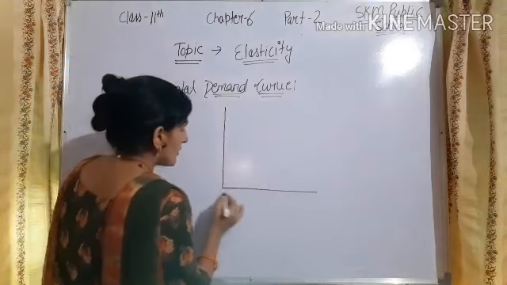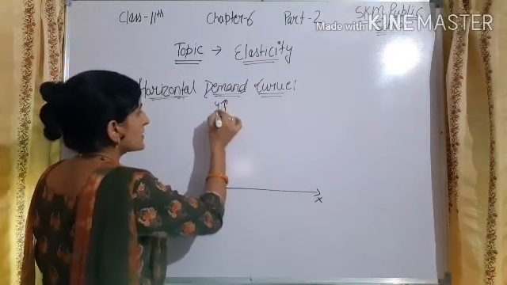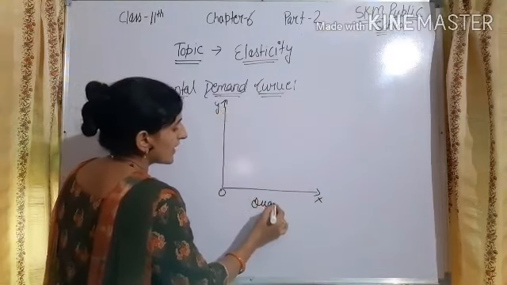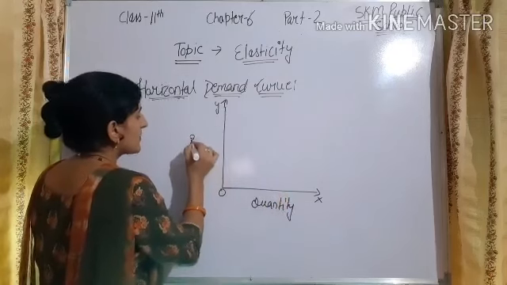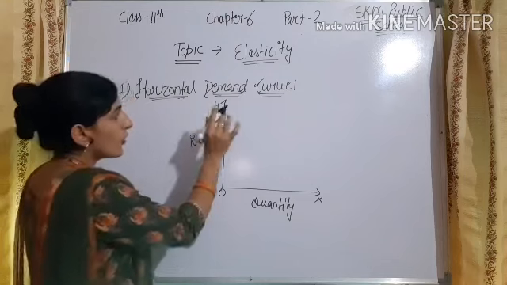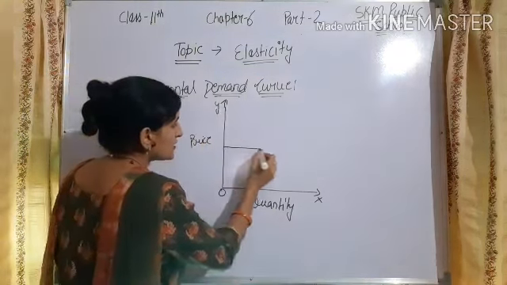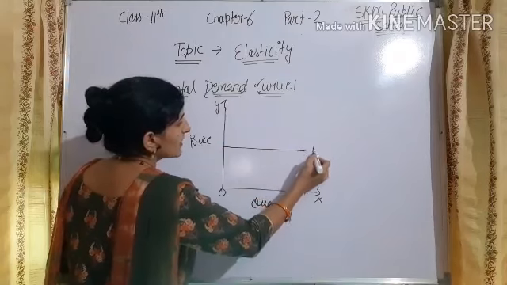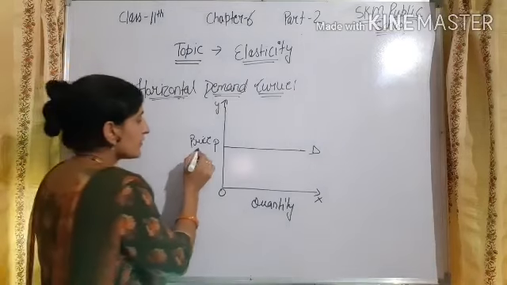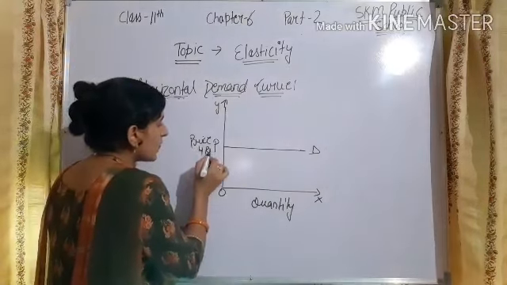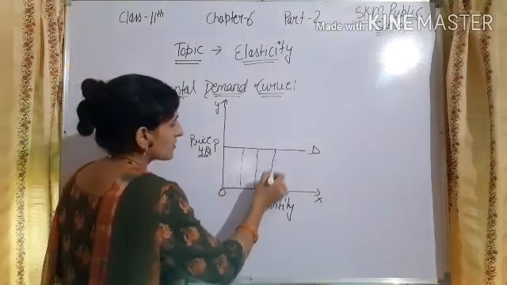Here we are taking the X-axis and Y axis, with quantity on the X-axis and price on the Y axis. The demand curve is horizontal, like this. For example, if the price is 4 rupees, then demand is unlimited.